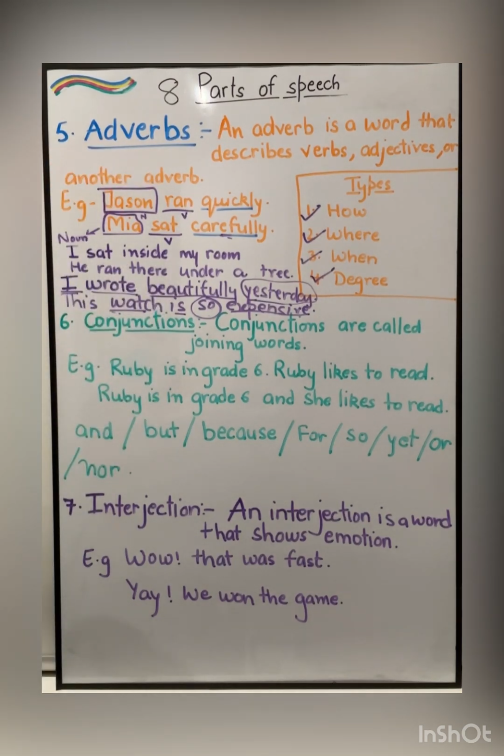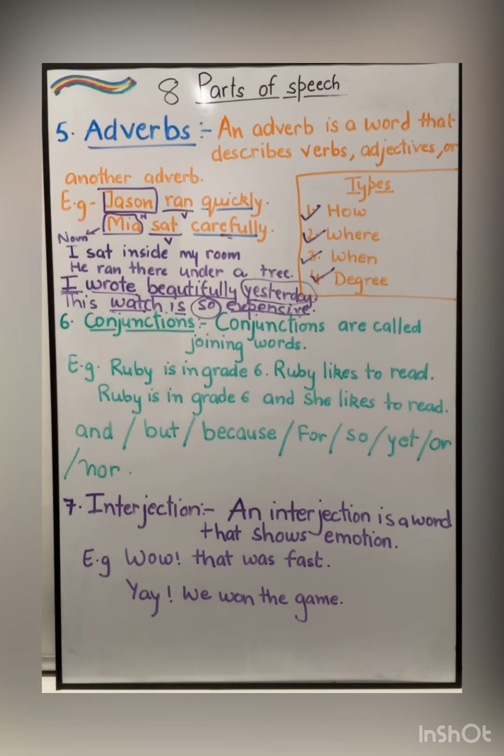Like, for example, we can say, he ran so fast. When we say he ran so fast, fast is an adverb which we're using for how he ran. He ran so fast, and so is the degree. We're using the word so as a degree for another adverb, fast.